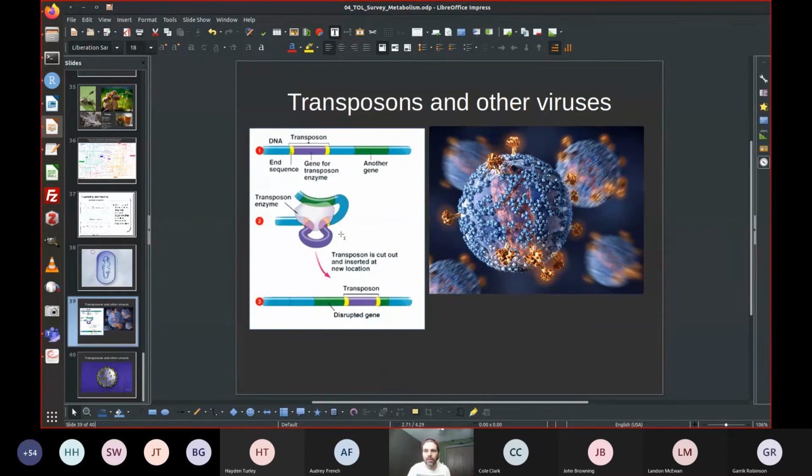It gets even weirder when you start talking about things like transposons. These don't even have a protein coat, right? It's just a piece of DNA. But what it codes for is an enzyme to make copies of itself. So if you're a gene, and the code for you isn't to turn your eyes blue, but the thing that you make is to make more copies of yourself, you're going to be very successful.